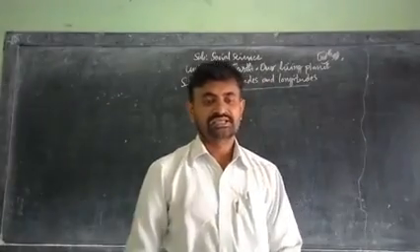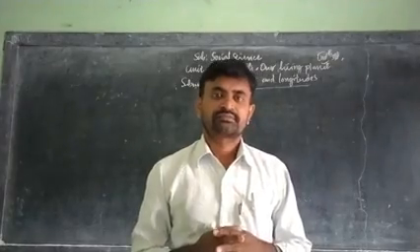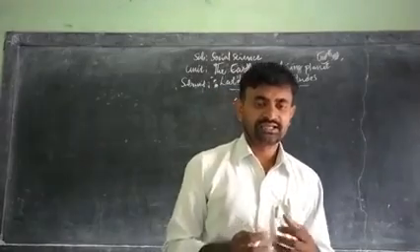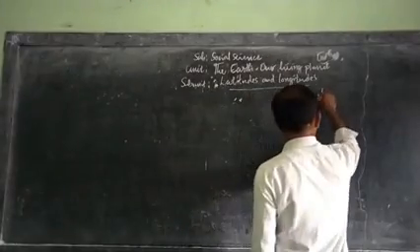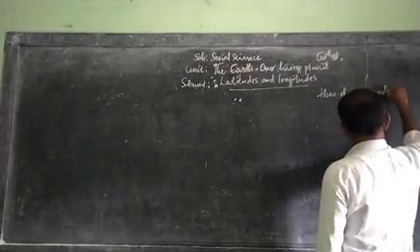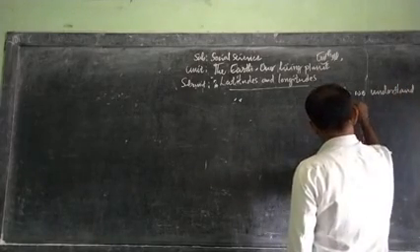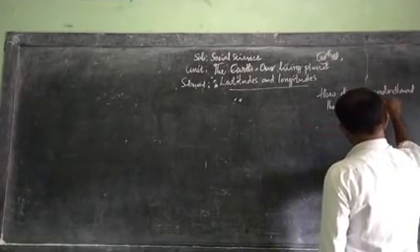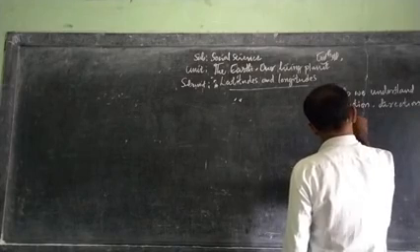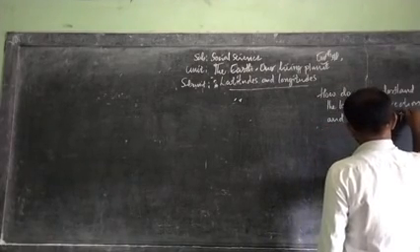So dear students, how do we understand the location of a place, direction and distance between the places? Can you tell me, how do we understand the location, direction and distance between places?